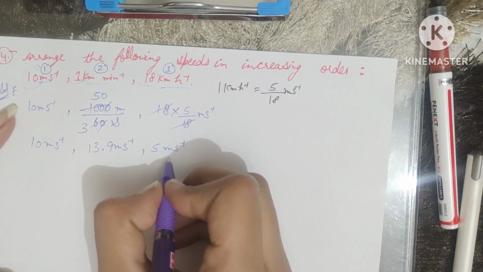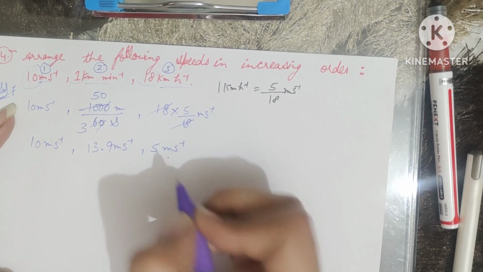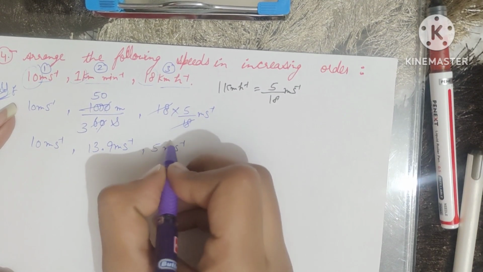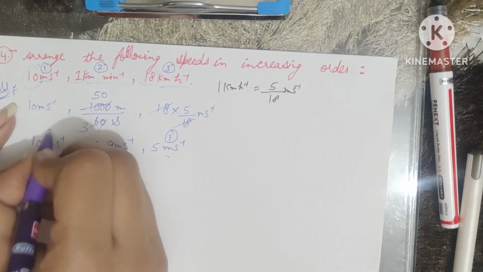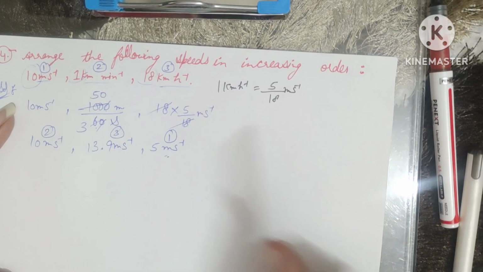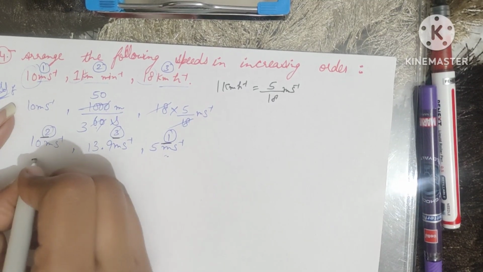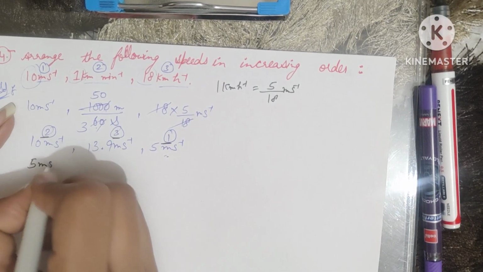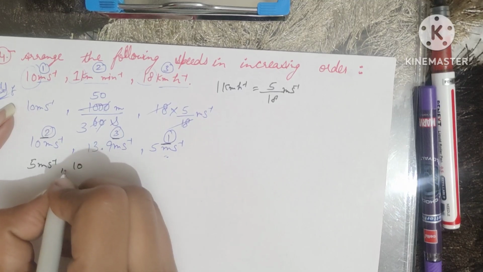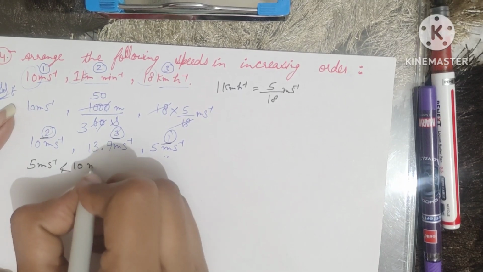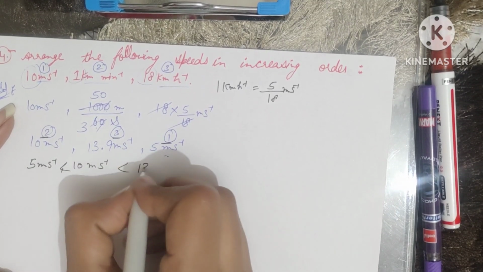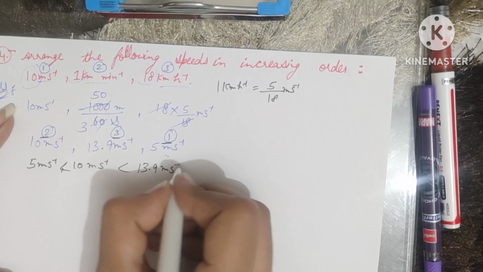So this is at the first number now. Okay, this is actually the third one. Then the second this will come, third this will come, because we need to arrange these into the increasing order. So firstly I'm going to write 5 meter per second, then 10 meter per second, then 13.9 meter per second.